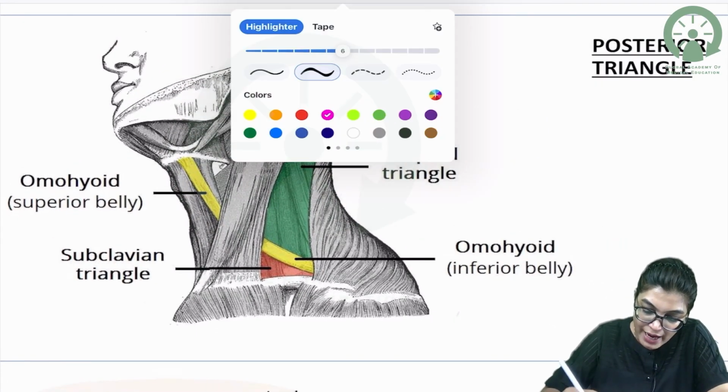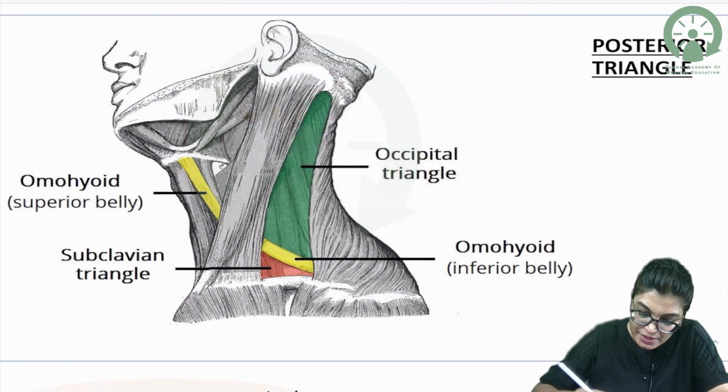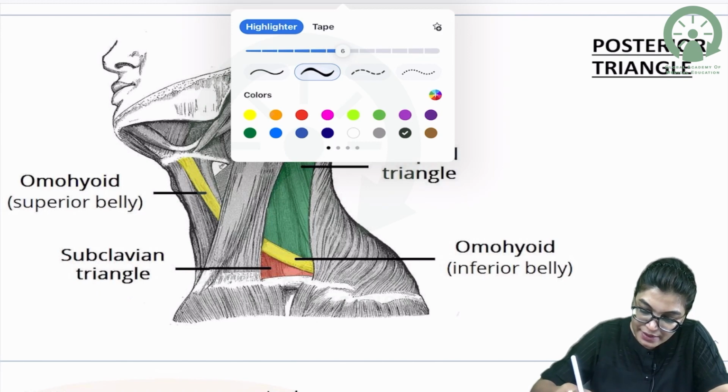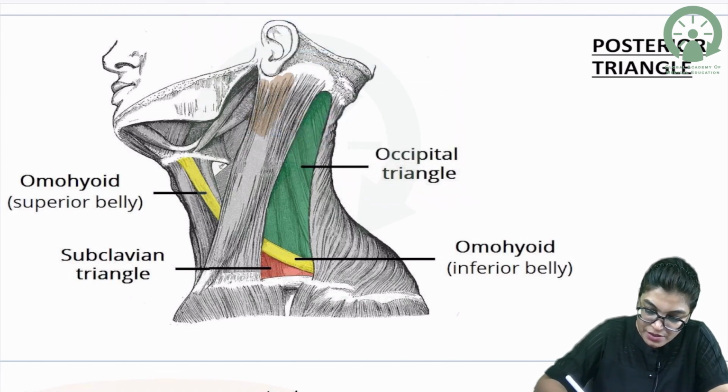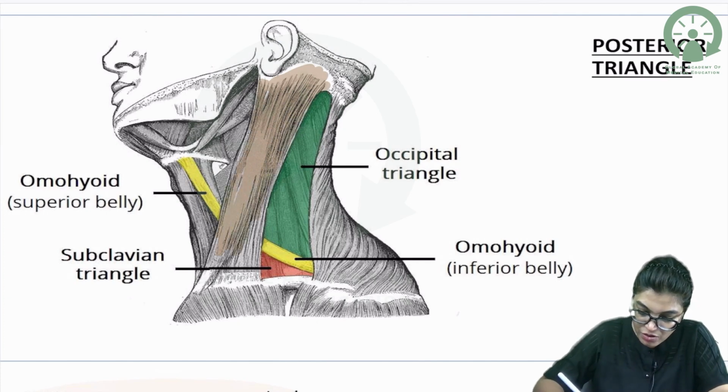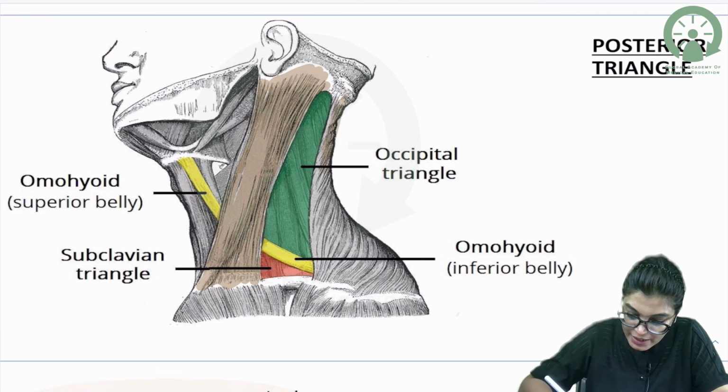Anteriorly, it is bounded by the sternocleidomastoid muscle. This is the sternocleidomastoid muscle, which is forming the anterior boundary. Posteriorly, it is bounded by the trapezius muscle.